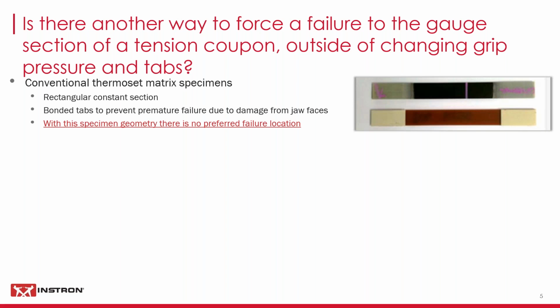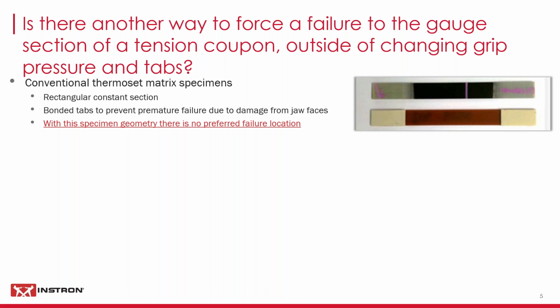Well, obviously the background to this is looking at thermoset matrix specimens, standard specimen types, all of the rectangular constant cross section. They have bonded tabs generally in order to prevent damage from jaw faces causing premature failures.